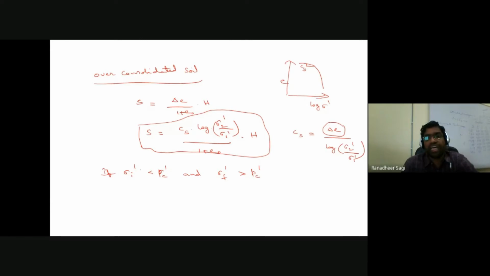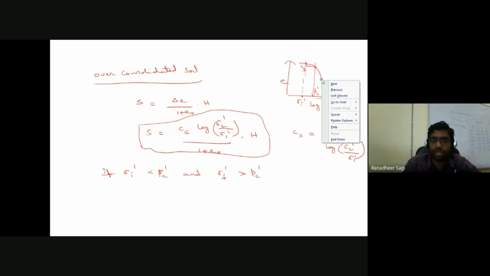I repeat, the initial effective stress developed in the soil is on the left side, somewhere here. This point you are referring to is your maximum past pressure data point, and the initial effective stress point refers to a stress value less than your maximum past pressure. And the final effective stress developed in the soil is on the right side of your maximum past pressure.